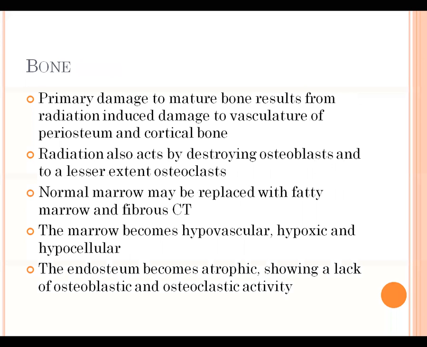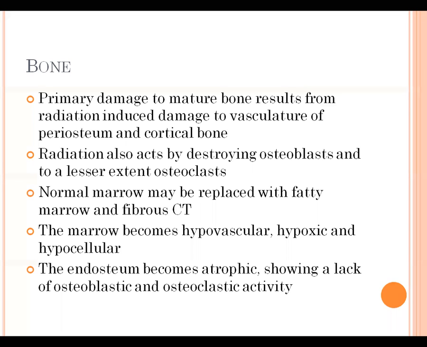Next is bone. How will the bone be affected due to the radiation? As everybody knows, bone is formed by osteoblasts. Osteoblasts help in the formation of bone cells and osteoclasts in destruction. Primarily, the damage to the mature bone results from radiation-induced damage to the vasculature of the periosteum and cortical bone.